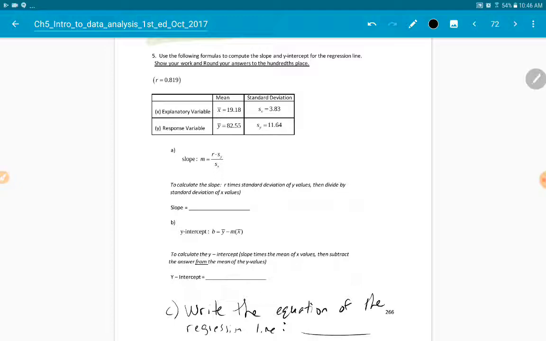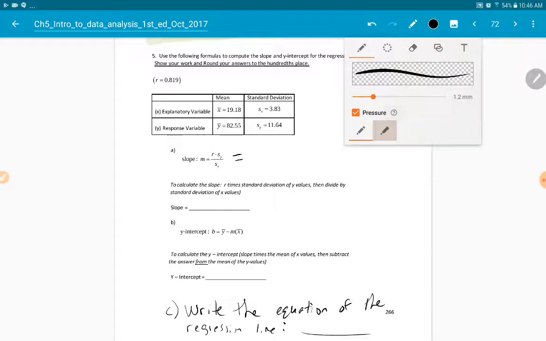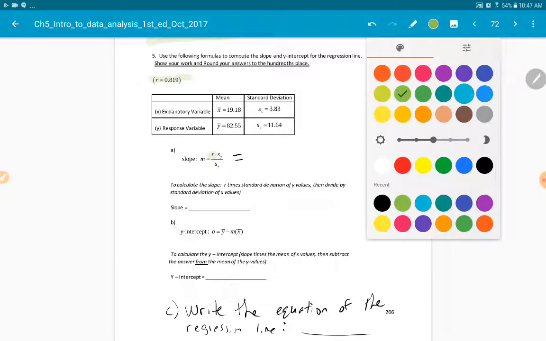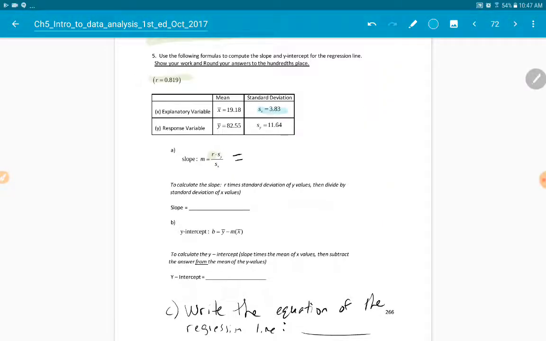So for part A, first thing we're going to do is find the slope. So that is R, which is given to us up here. That's the R. And the standard error in the x direction is given right here.